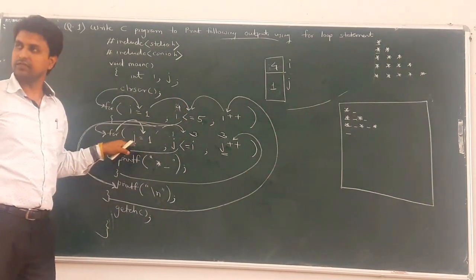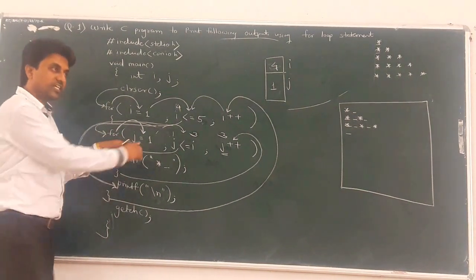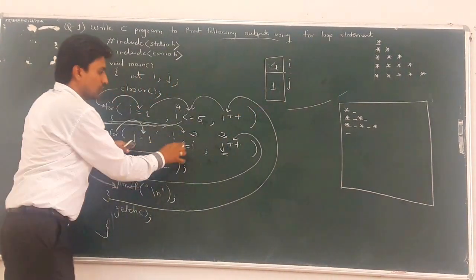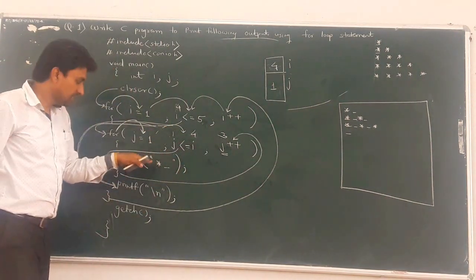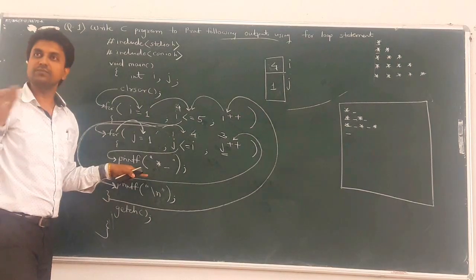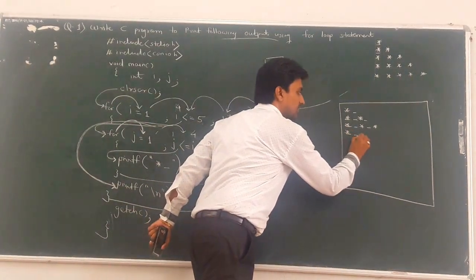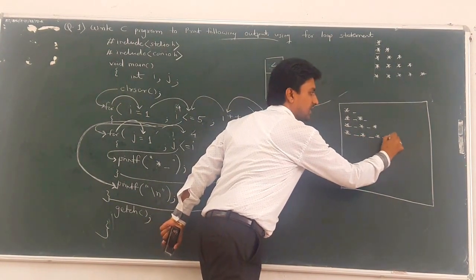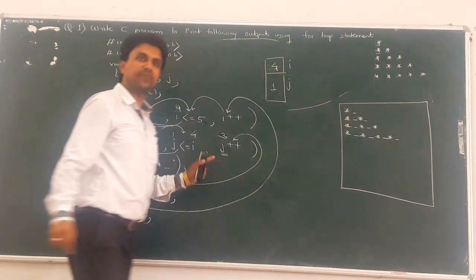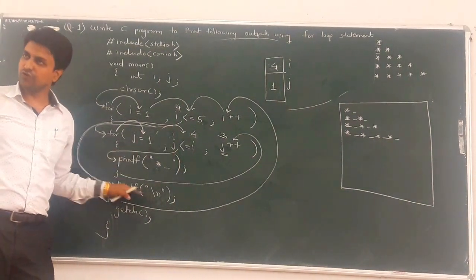So the inner for loop again executes, starting from j is equal to 1. What is the current value of i now? 4. 1 to 4 means this printf statement is executed how many times? 4 times. Means star space, star space, star space, star space. So this time the inner for loop executes 4 times.